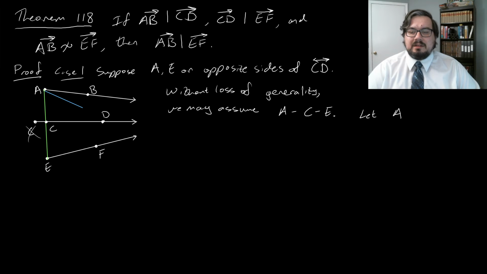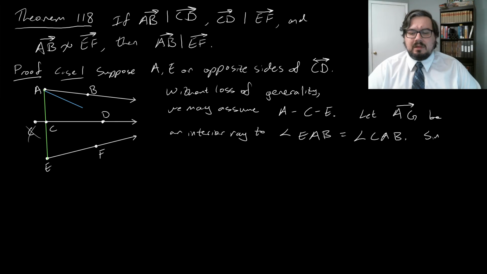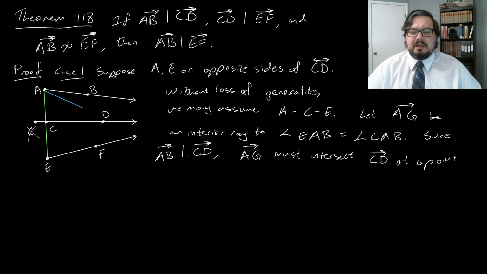Let the ray AG be an interior ray to the angle EAB, which of course is the same as the angle CAB. Now, since the ray AB is critically parallel to the ray CD, we know that the ray AG must intersect the ray CD at a point H.